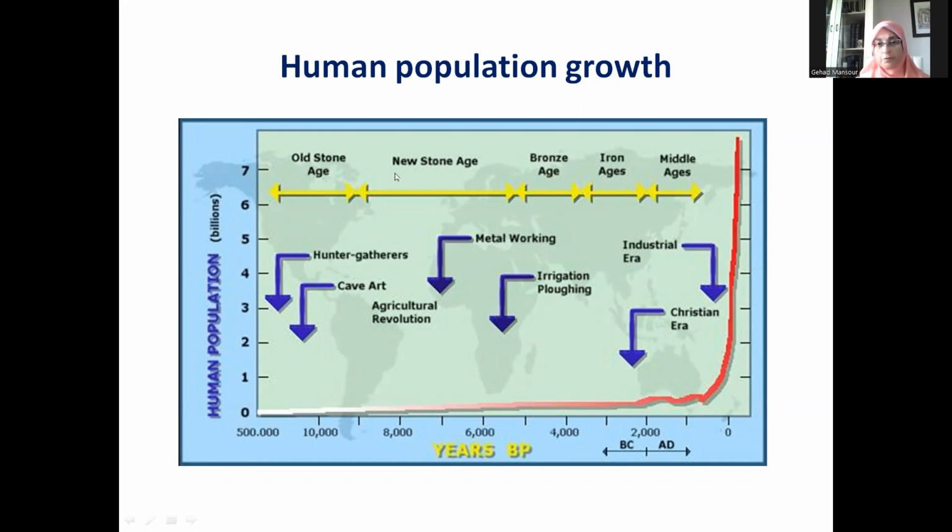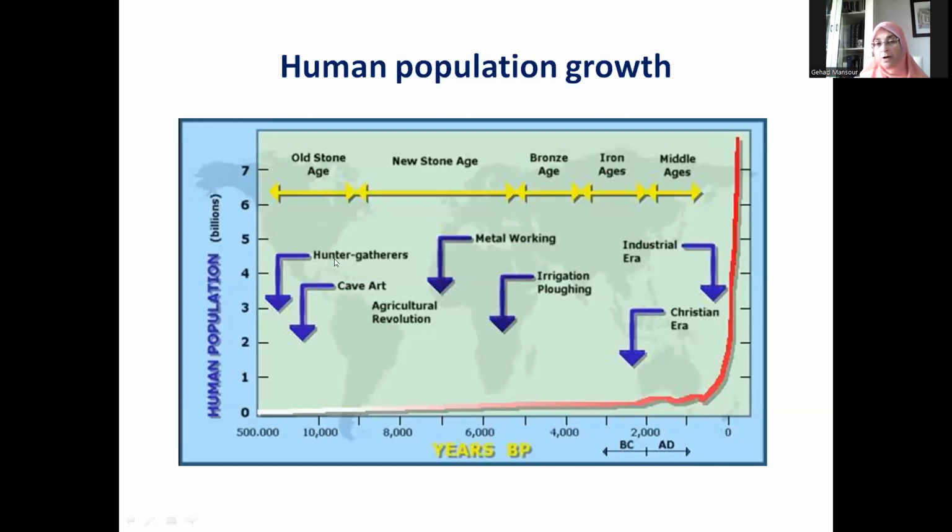In the Old Stone Age, the New Stone Age, the Bronze Age, and the Iron Ages, you can see that the human population wasn't even reaching a billion, because the unit here is billions. And then all of a sudden, in the more recent epochs, we had an exponential growth in the size of the population.